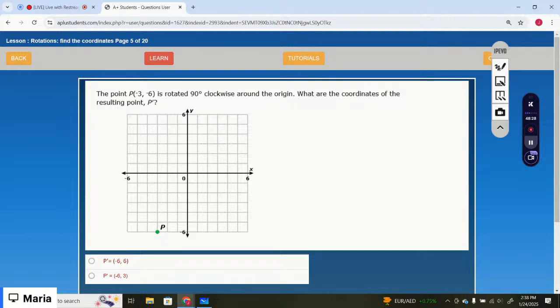The point P -3, -6 is rotated 90-degree clockwise around the origin. What are the coordinates of the resulting point P dash? So, which is the correct option?